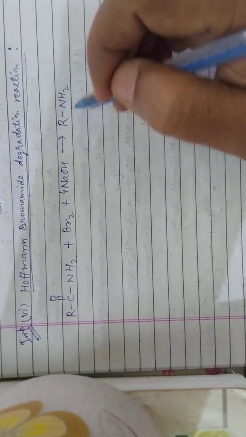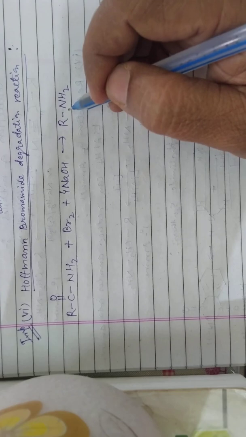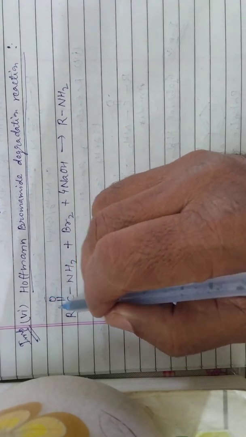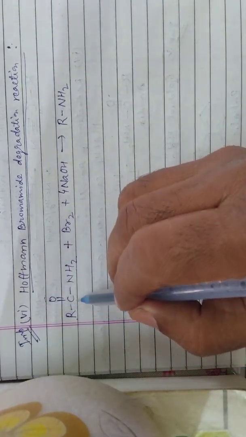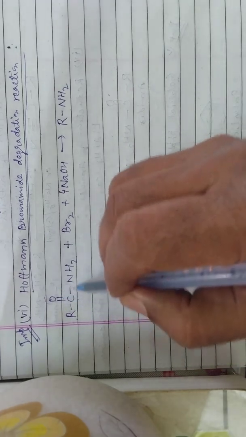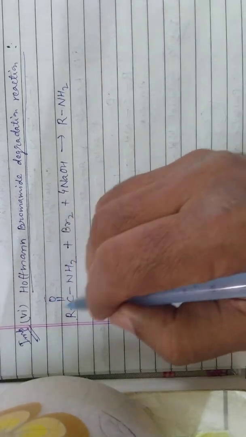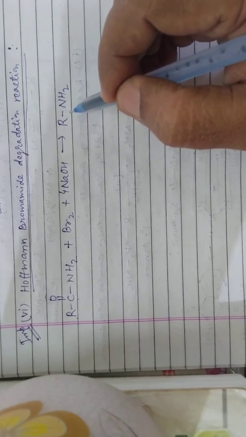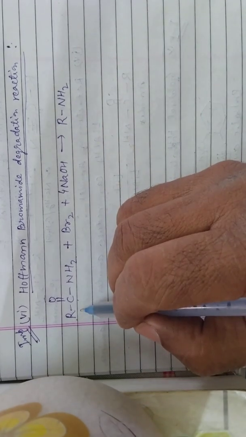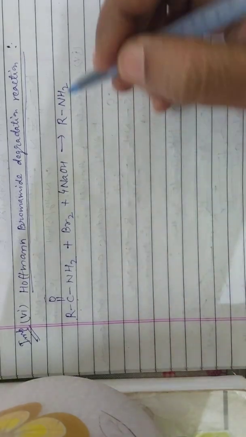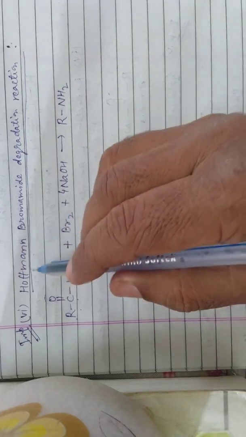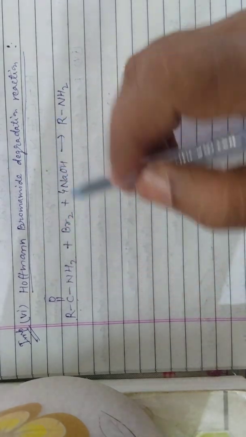But this amine contains one carbon less than that of the corresponding amide. Here you see CO is removed, only RNH2, one carbon has been reduced from the corresponding amide. So the 1 degree amine contains one carbon less than that of the corresponding amide. So this is called a degradation reaction, and this is a name reaction, Hofmann bromamide degradation reaction.